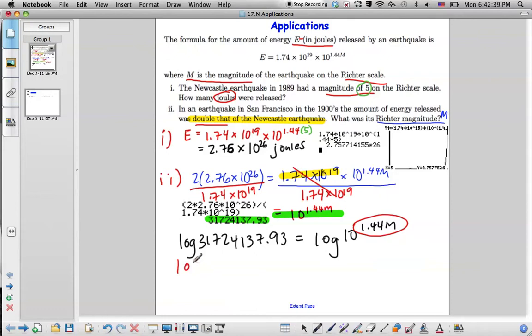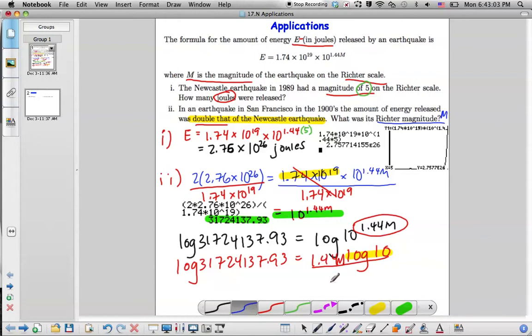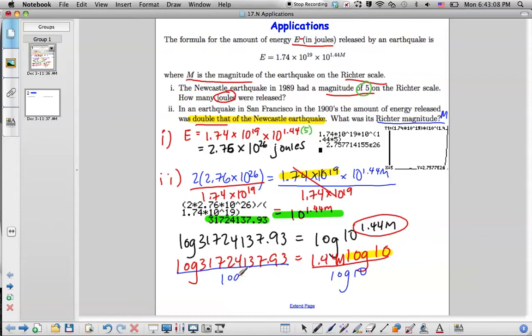So now I have log of 3172437.93 equals 1.44 m log of 10. We're trying to isolate our variable here, we need to get rid of all of this. So we can divide by log of 10, divide this by log of 10. Now we're going to be left with 1.44 m, and whatever that value is, go back to our calculator.